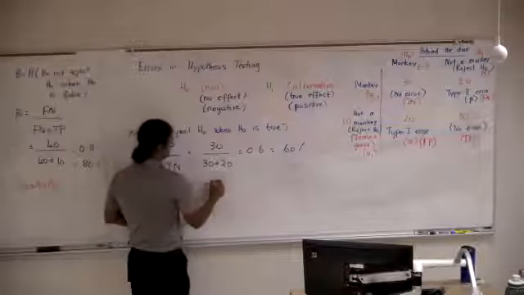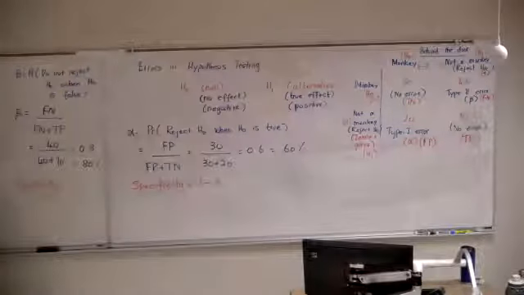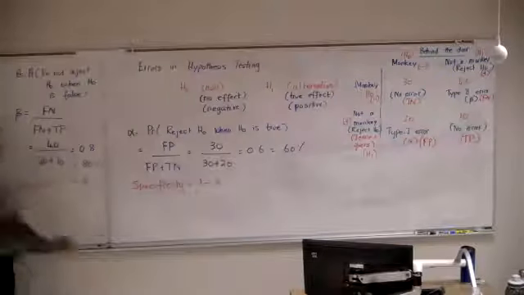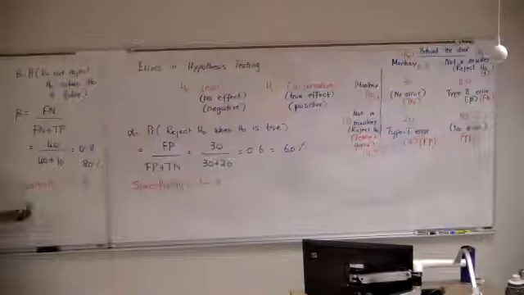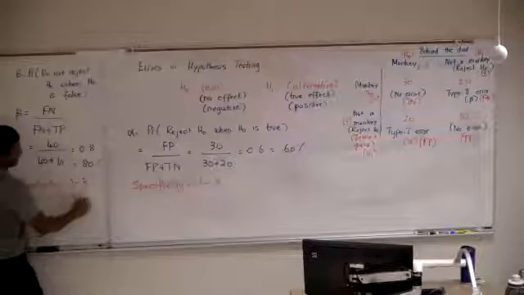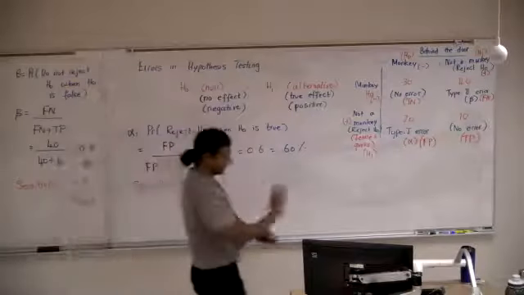Specificity would simply mean 1 minus alpha, how specific you could be. Sensitivity is 1 minus beta. In statistical literature, we call sensitivity to be power. Good. That is the statistical power of a test.